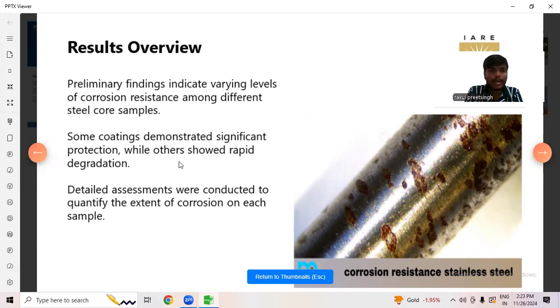Some coatings demonstrated significant protection while others showed rapid degradation. Detailed assessments were conducted to quantify the extent of corrosion on each sample. This is the results overview.